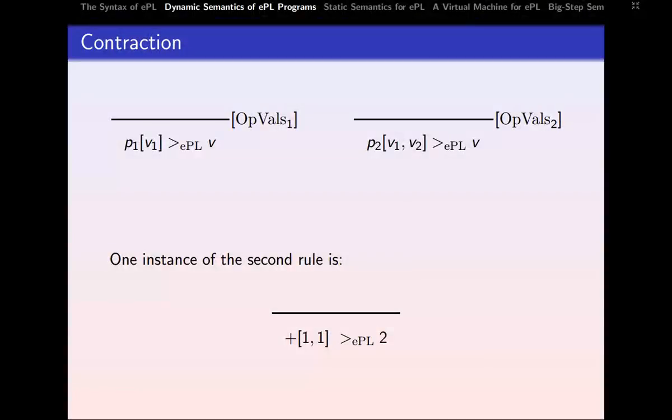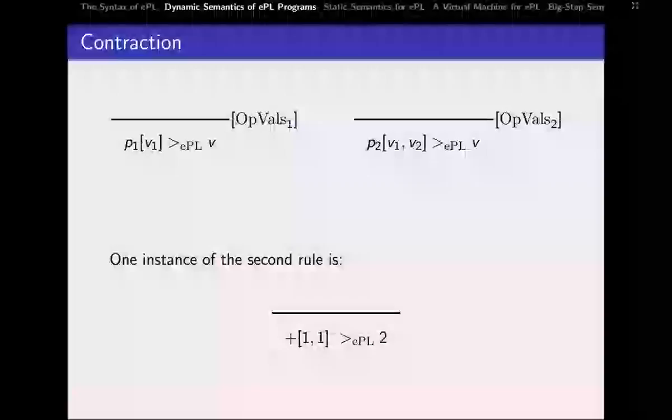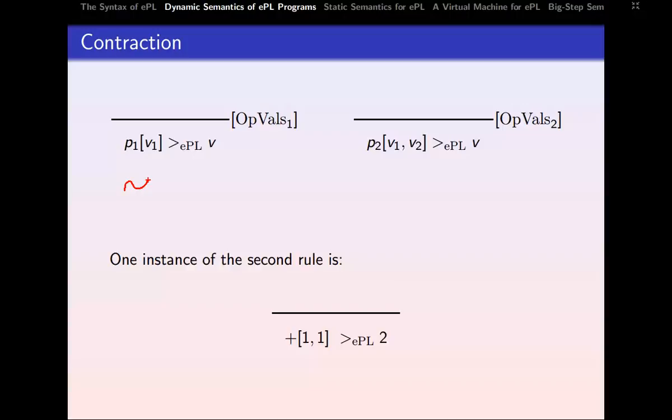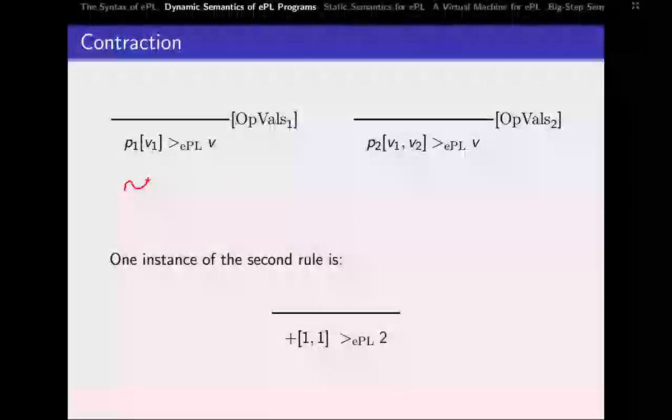So I have to take all the integers. So V1 has to become all the integers, and P1 has to become all the unary operators. And then what I have here, right, whenever P1 is, let's say, minus. By the way, minus, we might have noticed, we denote it by tilde, which is the standard OCaml way. We don't use the sign minus.